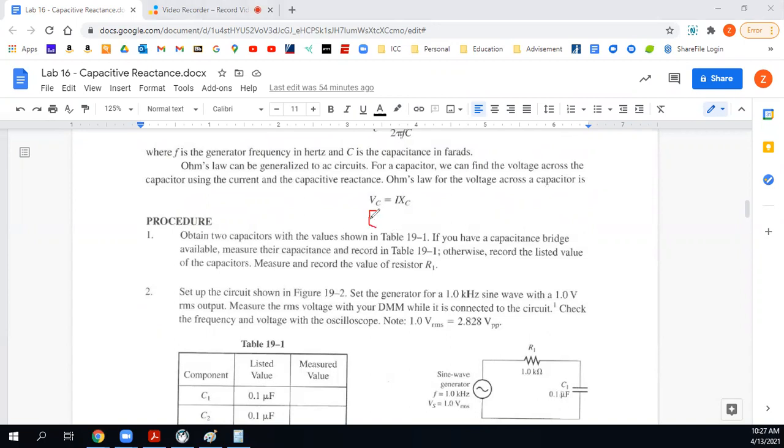E equals I times R, right? It's just in a capacitive circuit. The resistance is not called resistance, it's called capacitive reactance.